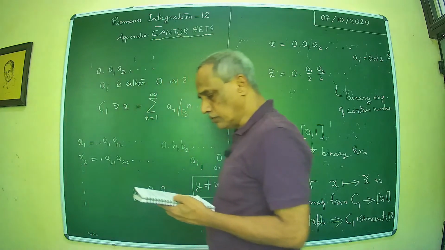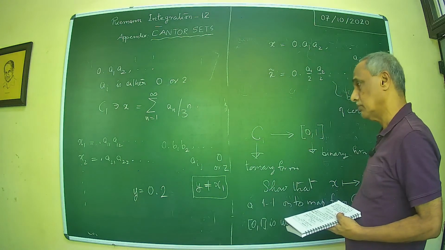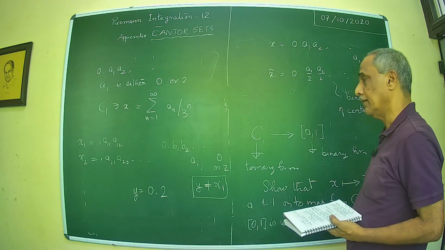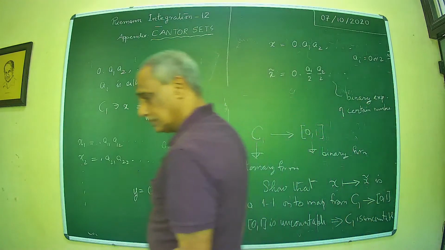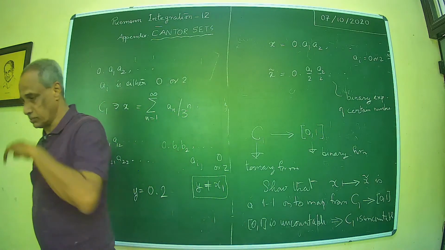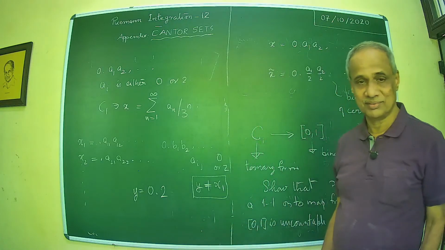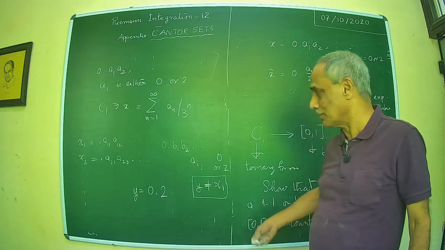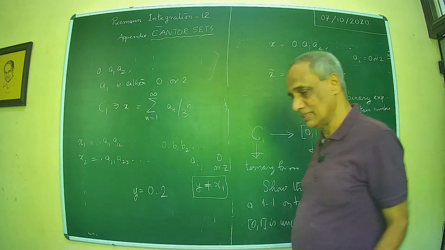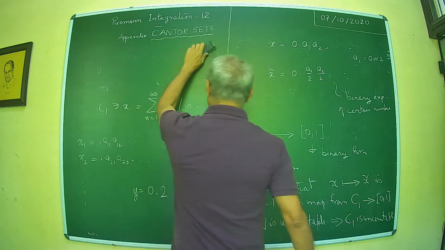So it's an uncountable set. Nevertheless, C1 has total content, or measure, equal to 0. Now that's something very fascinating, and that is going to give us a lot of interesting examples.